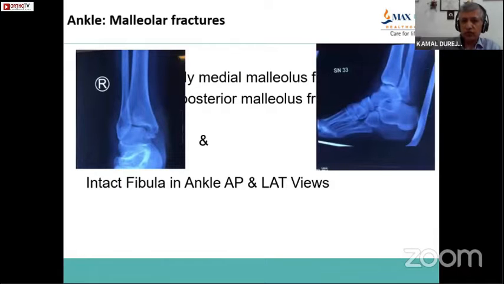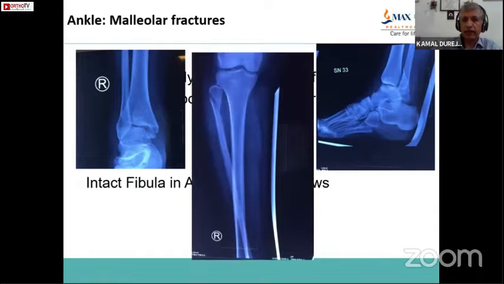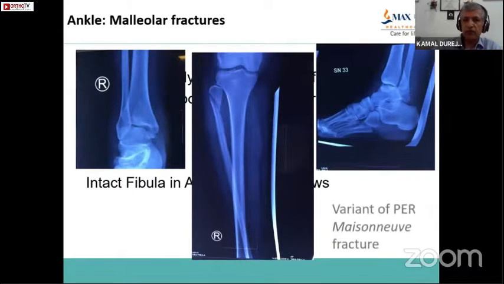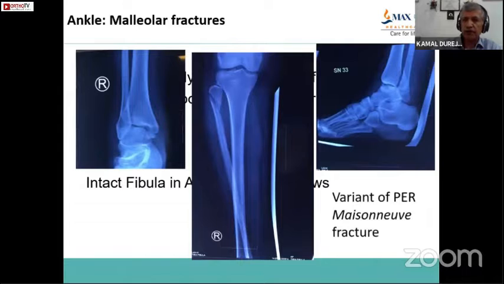Now, in this situation, it is always important to take a full-length X-ray, and you find here a high fibular fracture, a so-called variant of PER, named the Maisonneuve fracture. So include the knee joint if you suspect your injury to be a PER kind of injury.